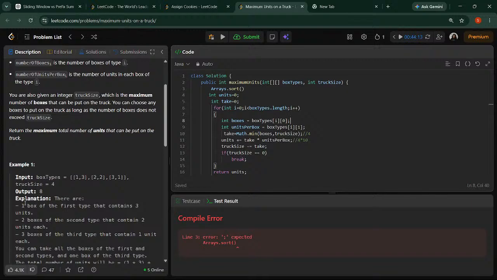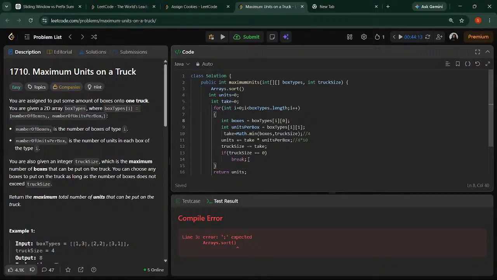Okay, let me just see. 1 comma 3, 2 comma 2, and 3 comma 1, right? You're right. Actually, I think I'm fine. I kind of changed my approach when I'm doing it live. I think I should use my copy.